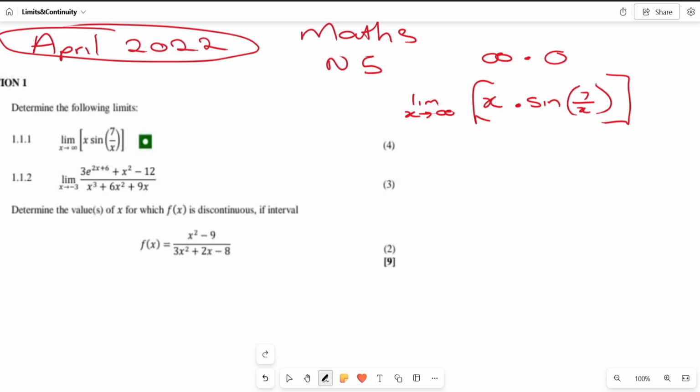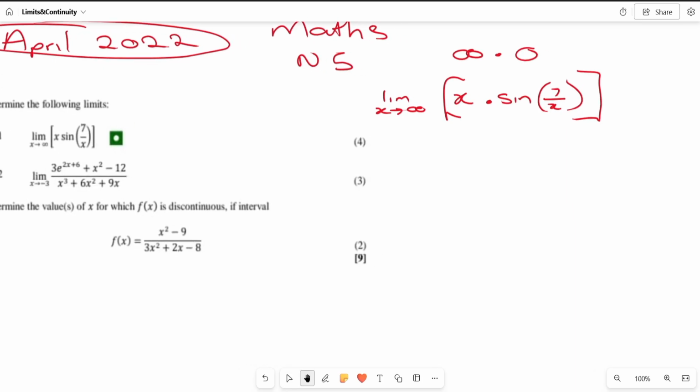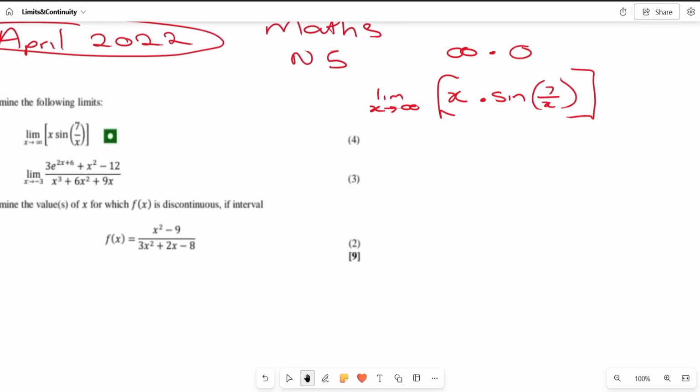I'll think of the word that I wanted to mention, but even without that word, you can understand what I'm saying. So we can see that we have sine 7 over x, and then we have x over here. It's very tricky for us to find out what this is equal to, because it's already 0. So my advice to you guys is that whichever one is equal to 0, it's best you leave it in the numerator.